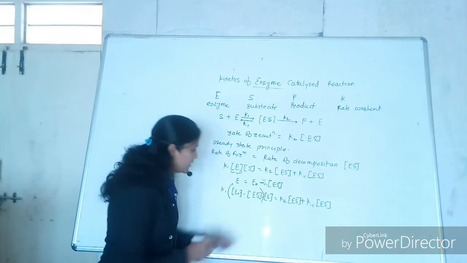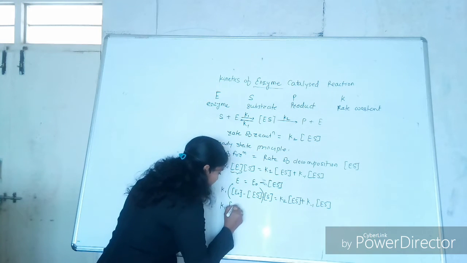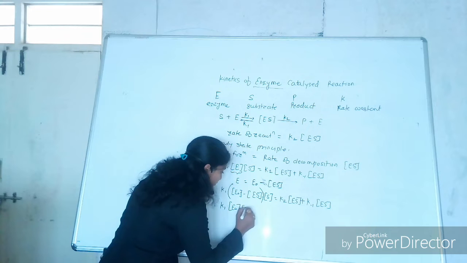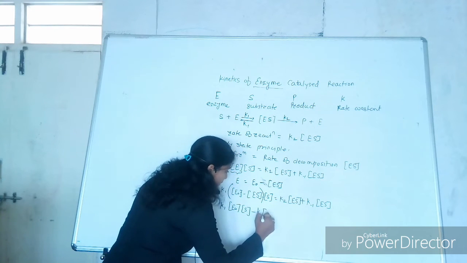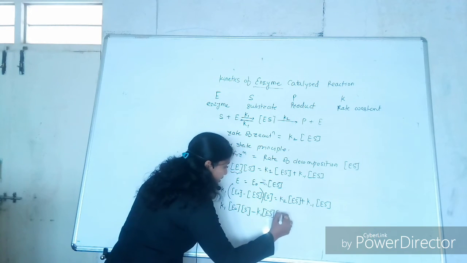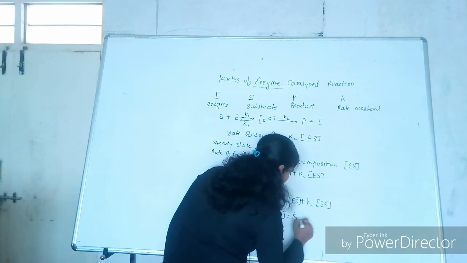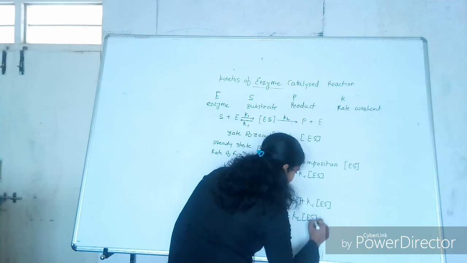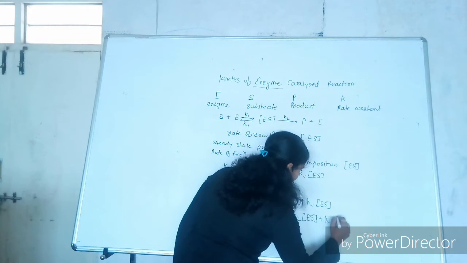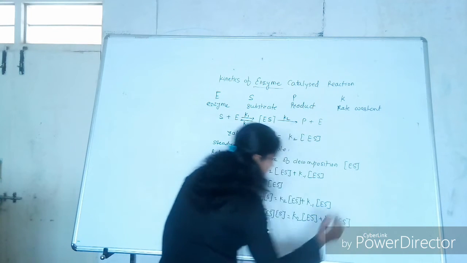Okay, simplify this relation, we will get K1 into E0 into S minus K1 into Es into S is equal to K2 into Es plus K minus 1 into Es.